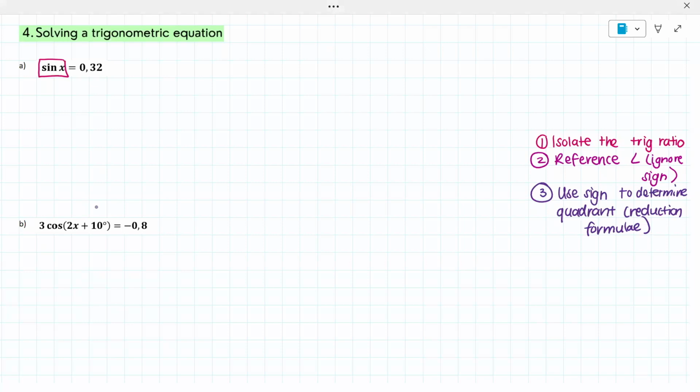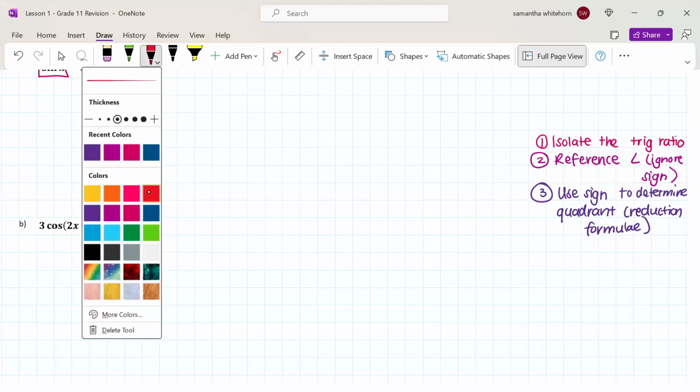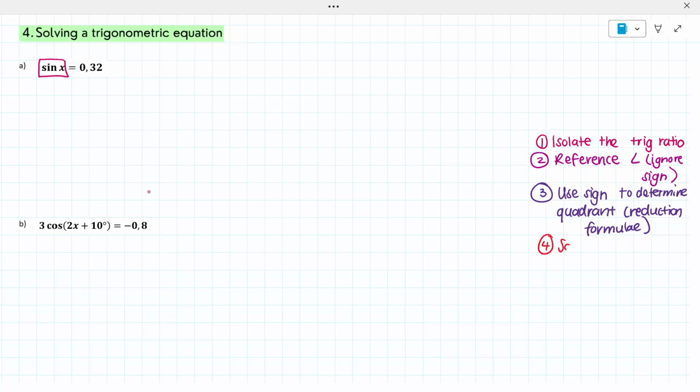And once we have done that, we are able to go and solve for our unknown. Right, so if you can remember those 4 basic steps, you should be good.